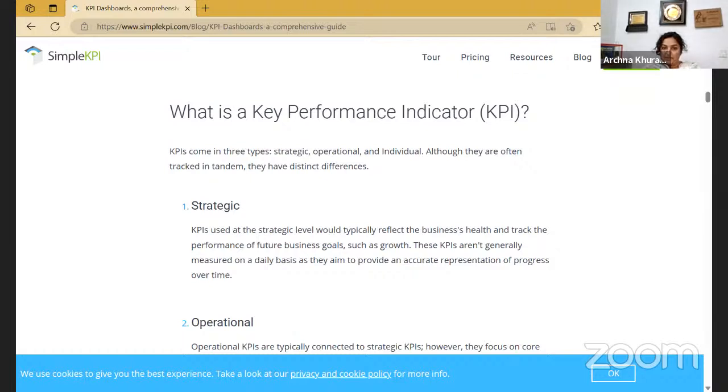Right. So now these indicators are designed in three manners: strategic, operational, and individual. Strategic is related to the overall health of the organization, what the future goals are, and what the vision and mission of the organization is. So we take a few points from there for designing KPIs.